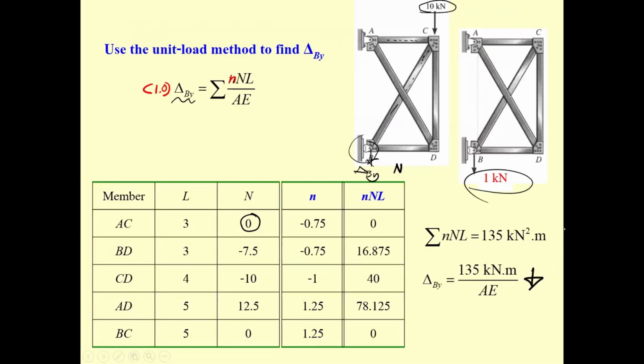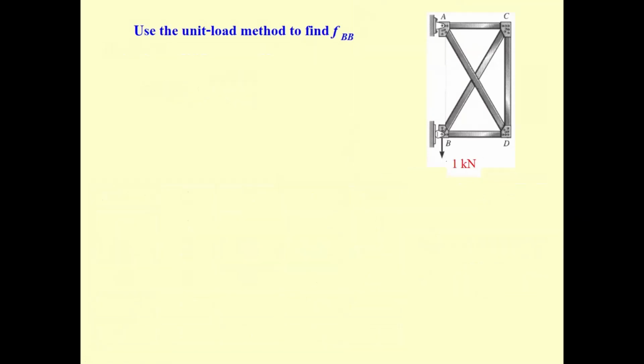Now, for the small F sub BB, actually for this one you set R sub BY to be 1 kilonewton.